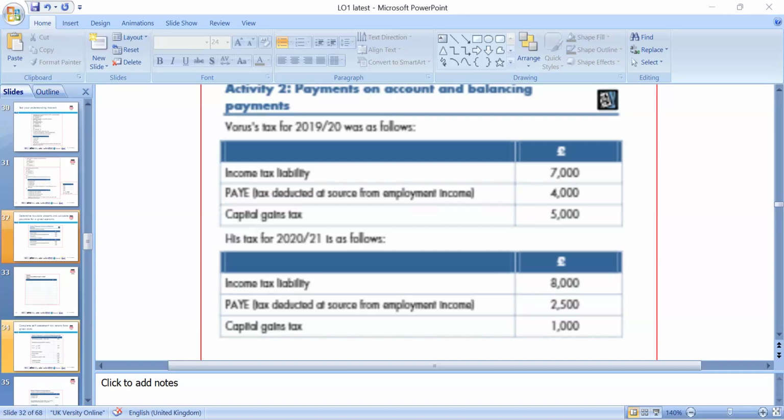This is the pro forma we'll carry on using for the taxes: trading income, employment income, pension income, property income, interest received, interest net.